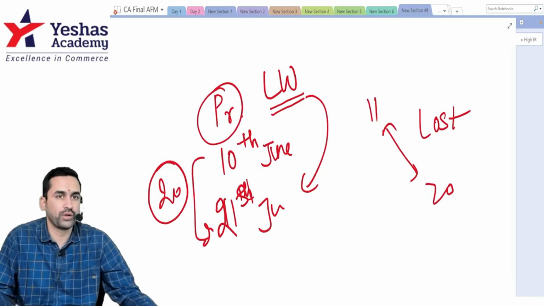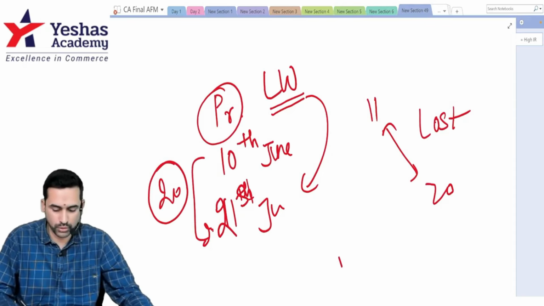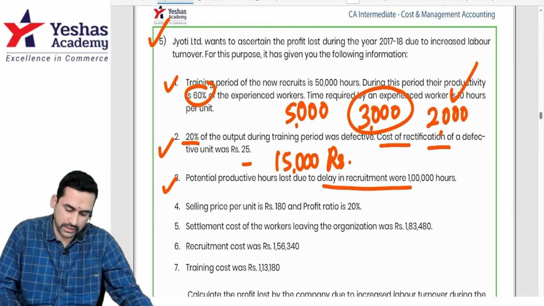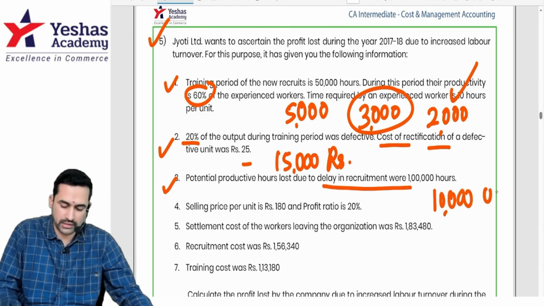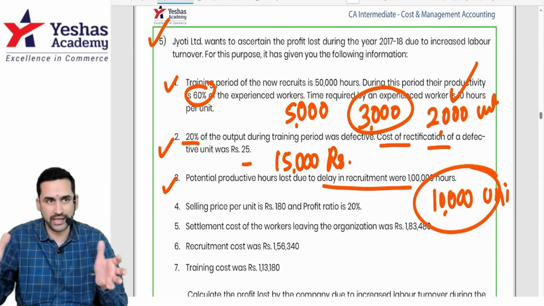Then if he was working, you would have produced some units. How many units would you have produced? 1 lakh hours divided by 10. That means you lost another 10,000 units. Sir, but we have already written we lost 2,000 units. Tell me the difference between this 10,000 units and this 2,000 units. This was because there was a delay in hiring.